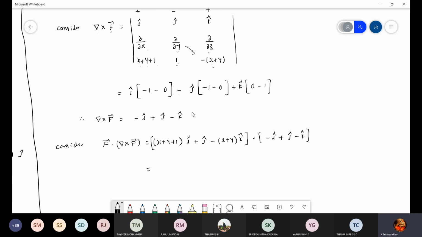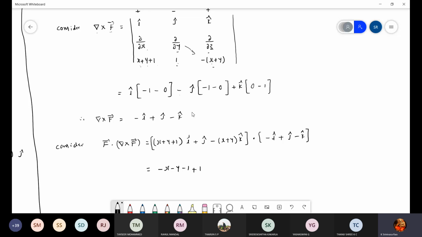How to calculate the dot product? Just usual multiplication: first component with first, second with second, third with third. You should not write i, j, k. The dot product is always a scalar. Here the coefficient of i is x plus y plus 1; multiplied, you will get minus x minus y minus 1. Is it right? And j dot j is 1, so this is plus 1.